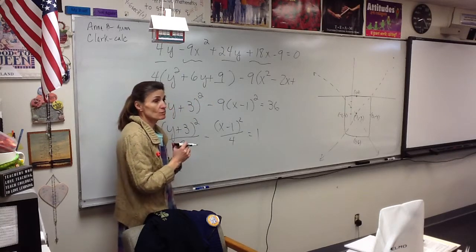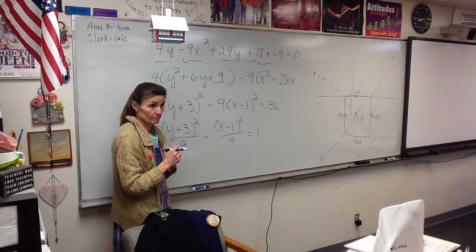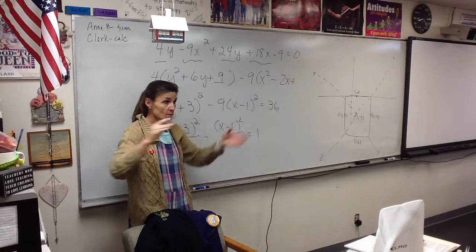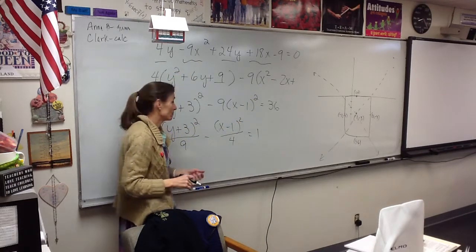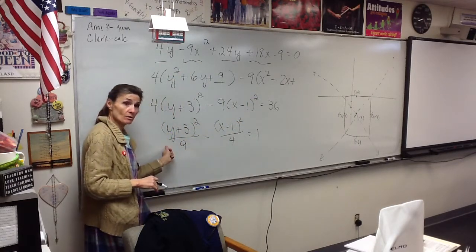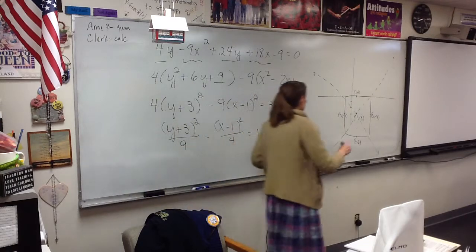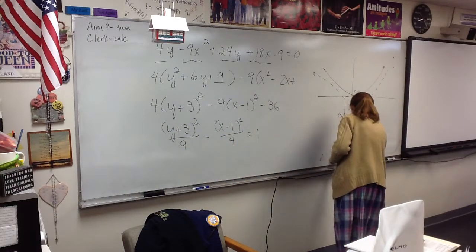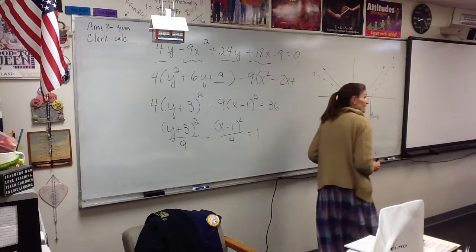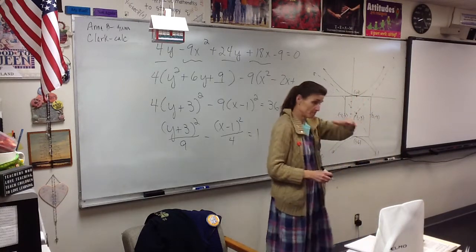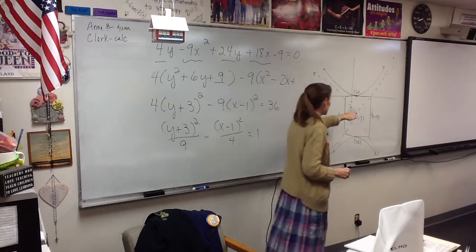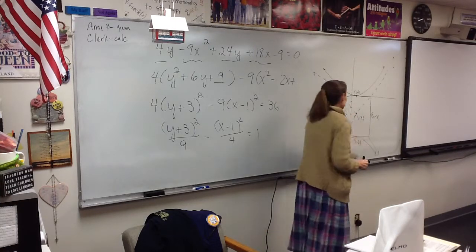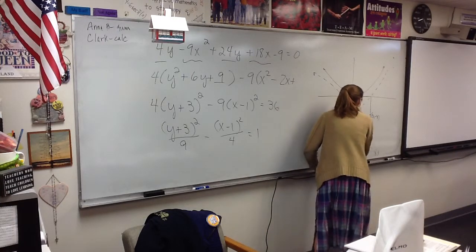And now we need to draw in our curve, either sideways or up and down. Y comes first, so it's going to be up and down. Which means that as we are filling in the blanks of information, you've already filled in your center, now you can fill in your vertices.